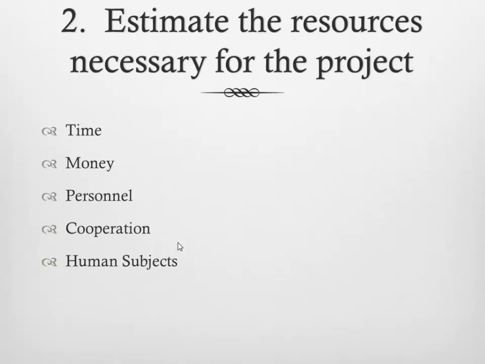Second, estimate the resources necessary for the project. So you have a research project, you have a program evaluation, and you have different methods of data collection. If you've elected to do a survey, then things to consider include time. And time is an issue in the kind of survey that you do. Internet-based or email-based surveys tend to get you data back faster, for example, than mail-based surveys.